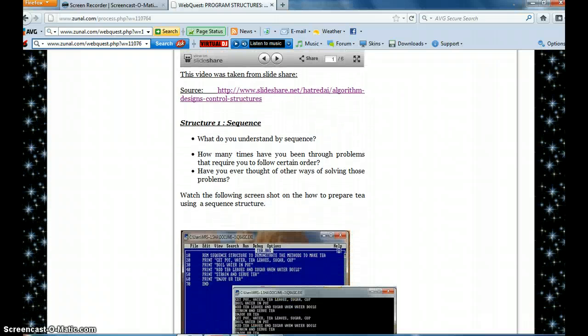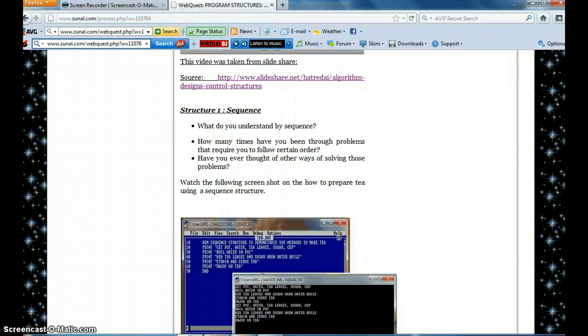go over each of the structures that is given by me, and they have to look at the screenshot.